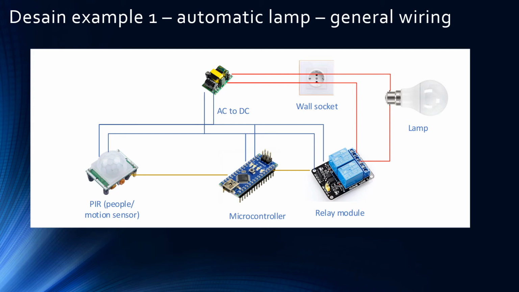In the left part, we can see we need the AC to DC converter, which converts 220 volt into 5 volt DC. Why do we need 5 volt DC? Because the microcontroller requires 5 volt DC. So the blue lines are the DC lines, 5 volt DC. The red lines are the AC 220 volt.